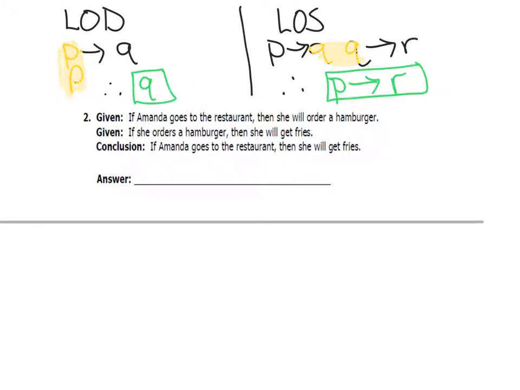So let's check out our first example. If Amanda goes to the restaurant, she will order a hamburger. So here I have Amanda goes to the restaurant, P. She will order a hamburger, Q. She orders a hamburger, another Q. Then she will get fries, R. Here is the conclusion.